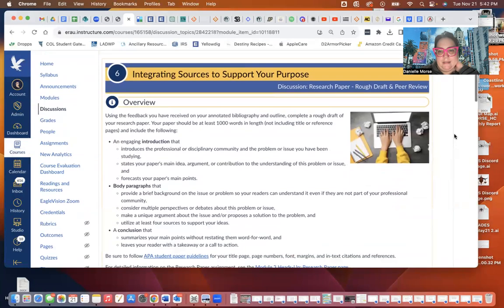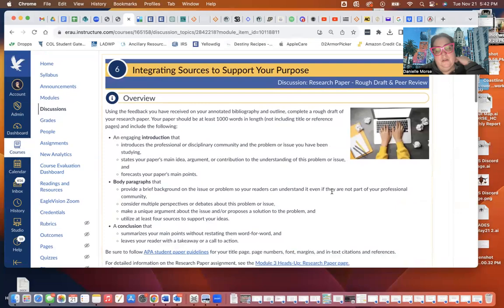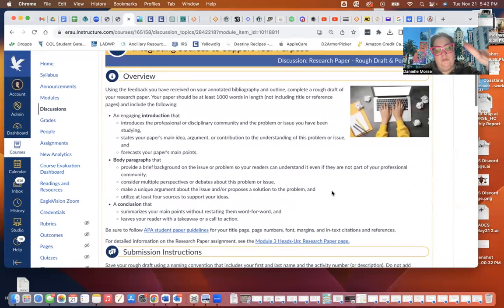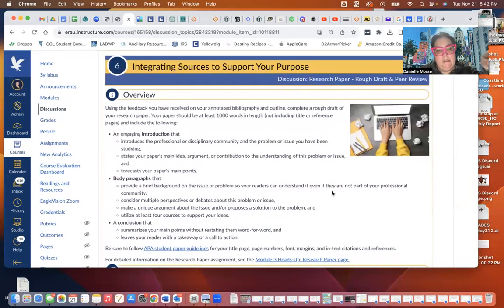And then this is the rough draft, and then there'll be peer review, which is all this week. So the overview of the rough draft of your research essay is, the feedback I provided on the annotated bibliography was predominantly about the types of sources you were using, and also the citational work, so how they were cited.